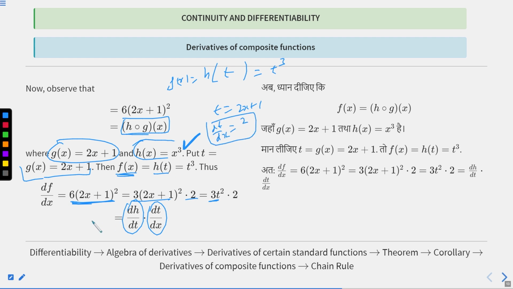Okay, so this means d of f by dx, if f is equal to h composition g, then the derivative of f will be the same as dh by dt multiplied with dt by dx. This is what df by dx is.